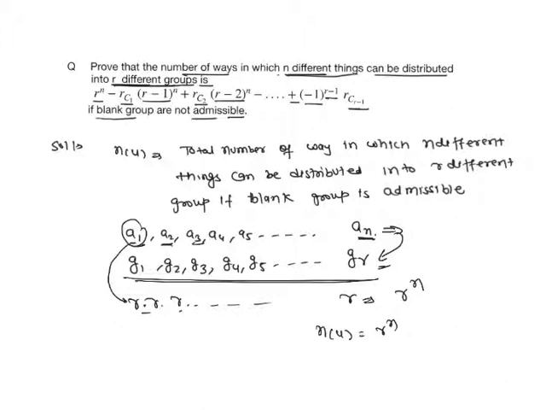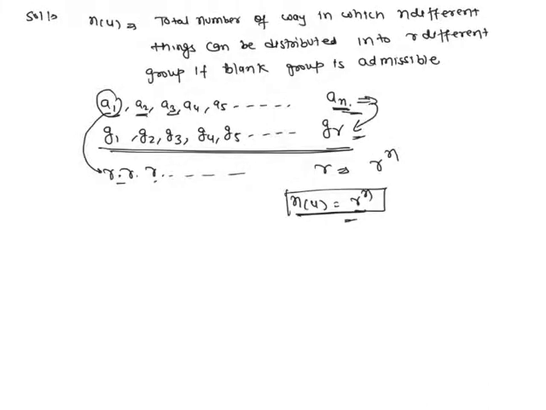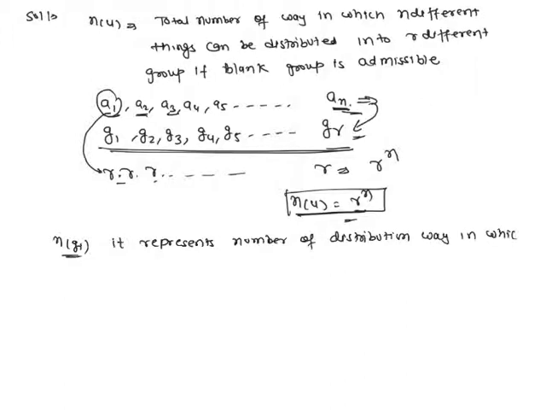So n things distributed among r groups, where blank groups are allowed, is nothing but r^n. Now we'll find out n(Gi). n(Gi) represents the number of distribution ways in which the ith group is blank.